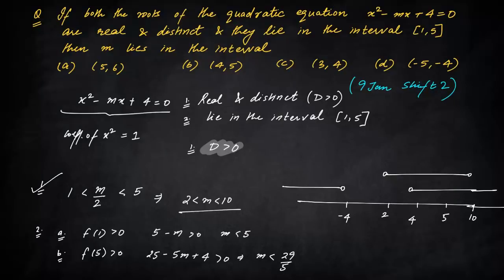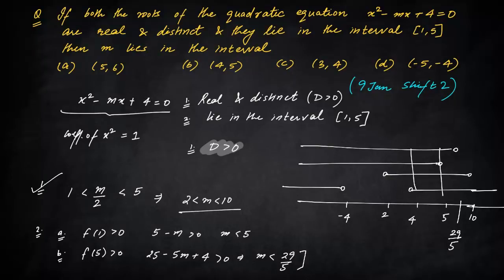Then you have less than 5, and then you have 29 by 5, which will be somewhere here, almost 6. So it is something like this. A region which lies in all the 4 lines is particularly this region. If you notice, this particular area is lying in all the 4 regions.